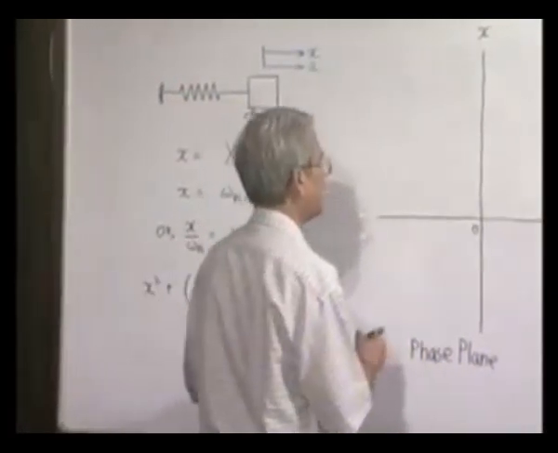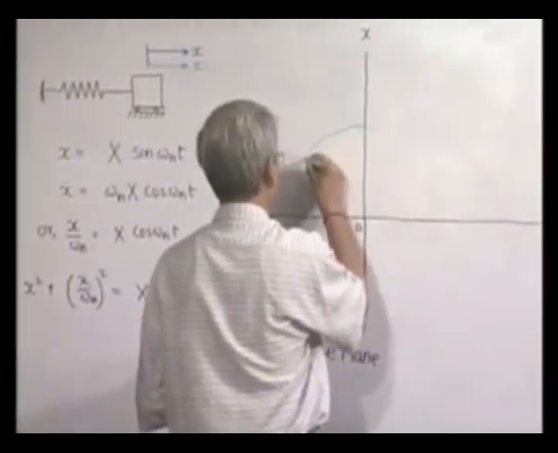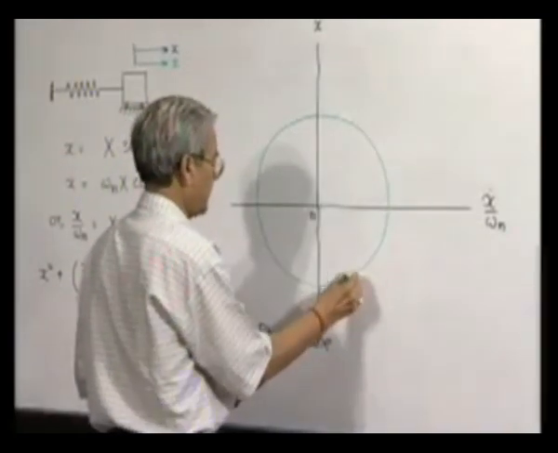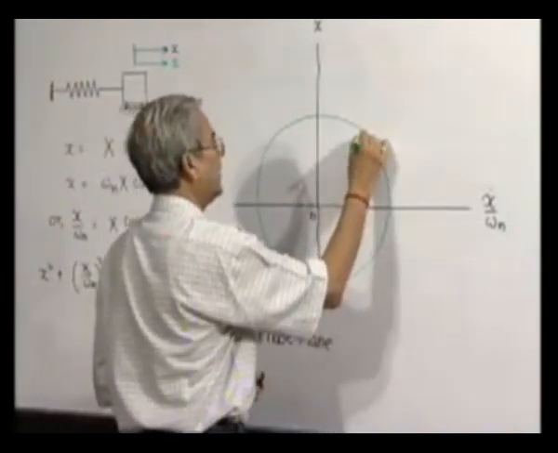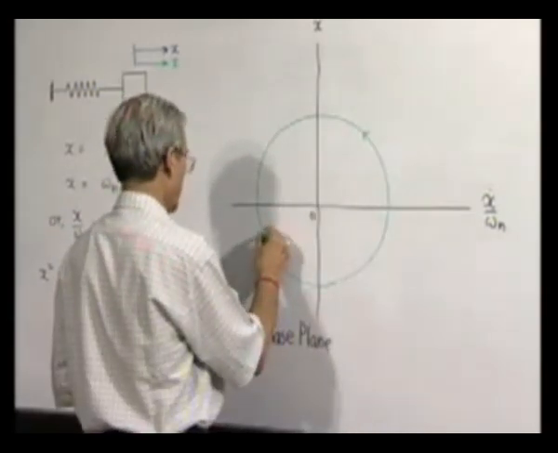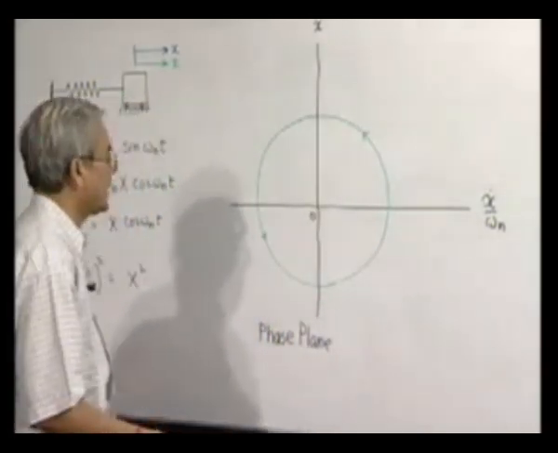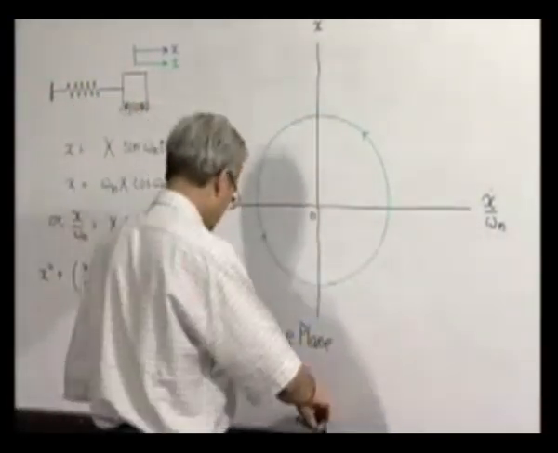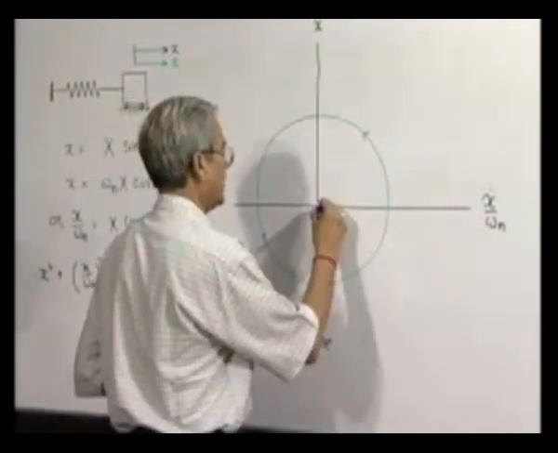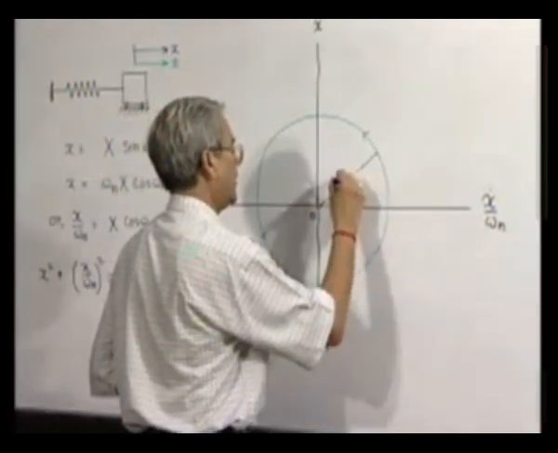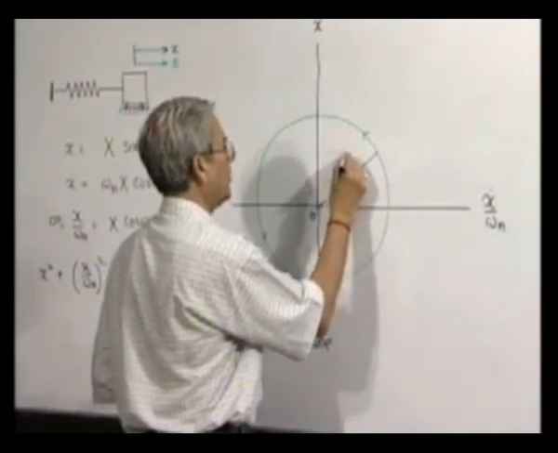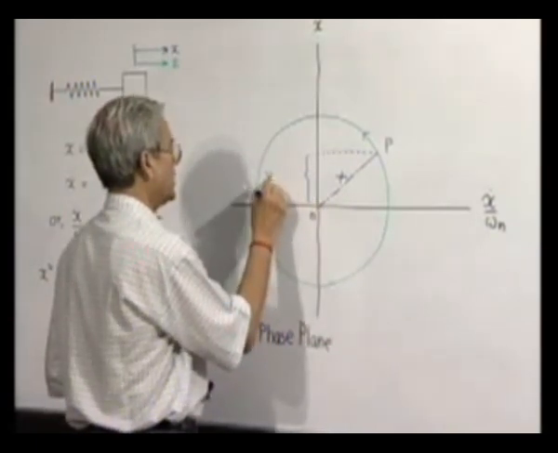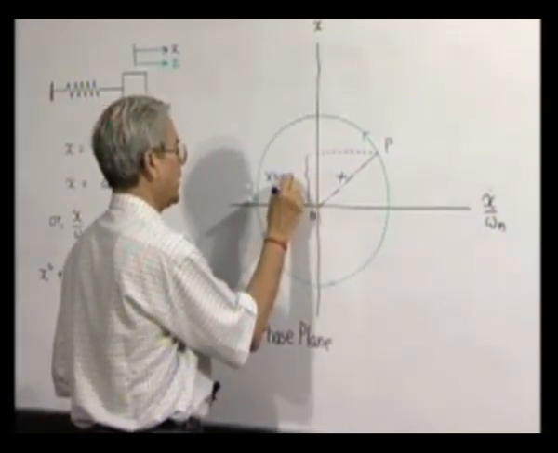And here, for a harmonic oscillator, the points representing its state of motion will describe a circle with this as the amplitude. So displacement at any instant is nothing but x sine omega n t.